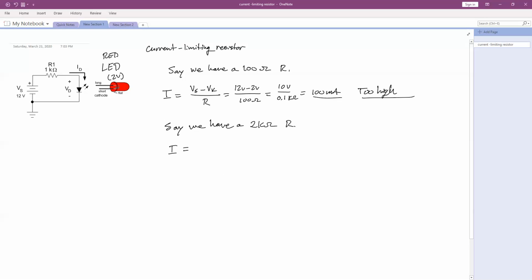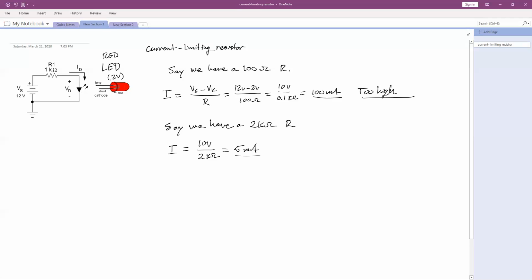So we're going to have 12 volts minus 2 volts gives us 10 volts. And we're going to divide that this time by 2 kiloohms. And that's going to give us 5 milliamps. Okay, and that's actually going to be too low. So we're probably not going to have this LED light up at all if we just have 5 milliamps going through that circuit.